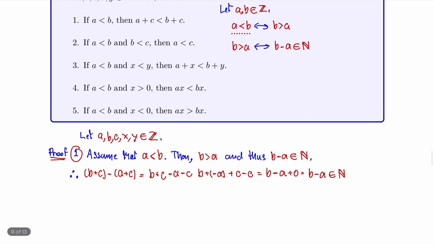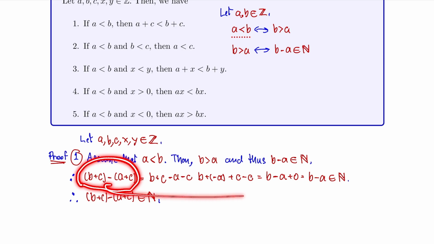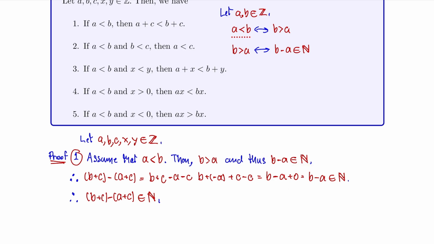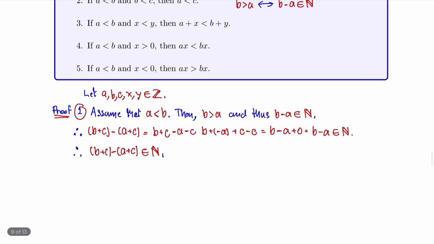Hence, we have shown that b plus c minus (a plus c) is contained in the set of natural numbers, because this expression becomes b minus a, and b minus a is in the set of natural numbers. So once we have this, what does it imply?